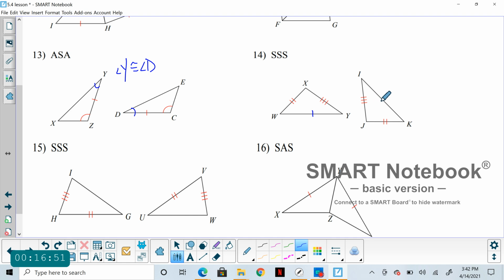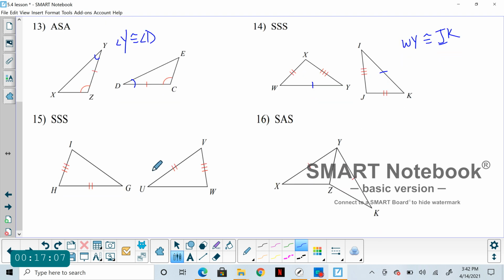So we need to know that WY is congruent to IK. And number 15, side, side, side. So again, we need the third side. So we need to know that IG is congruent to UW.